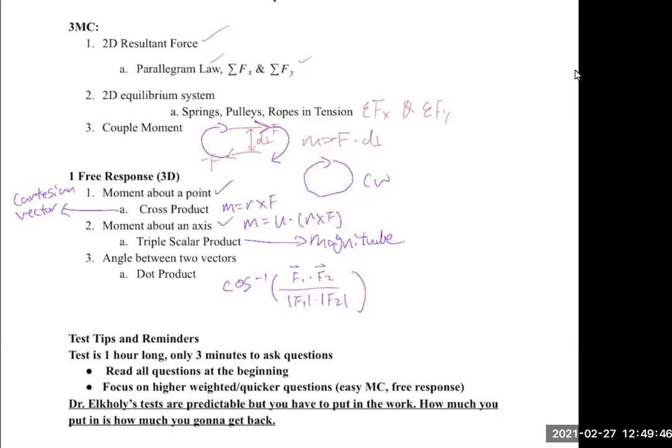Okay. And Dr. Akoi's exam is predictable, but you have to put in the work. How much you put in is how much you're going to get back. Also, I'm not sure if he told you guys about it: for the multiple choice part of his exam, you cannot guess the answer. If you guess and get the correct answer, you only get half of the credit.